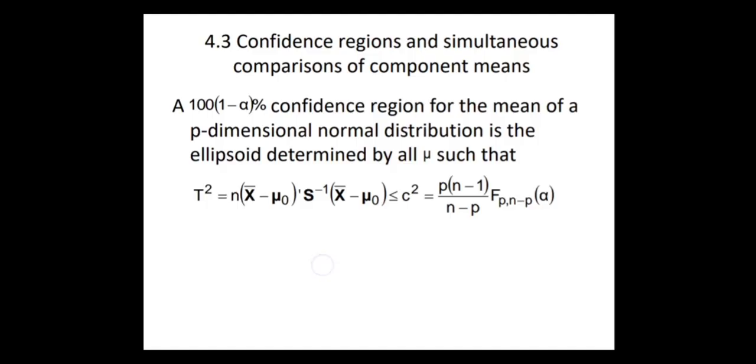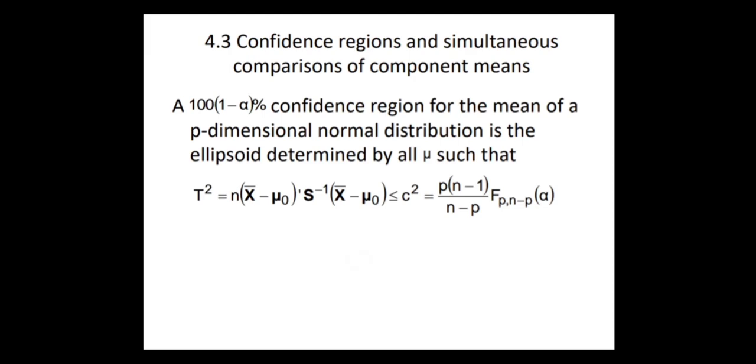Okay, so we use the concept of T square, which is also called another name, the generalized squared distance, right? And multiply x bar minus mu naught. X bar and mu naught is the vector.